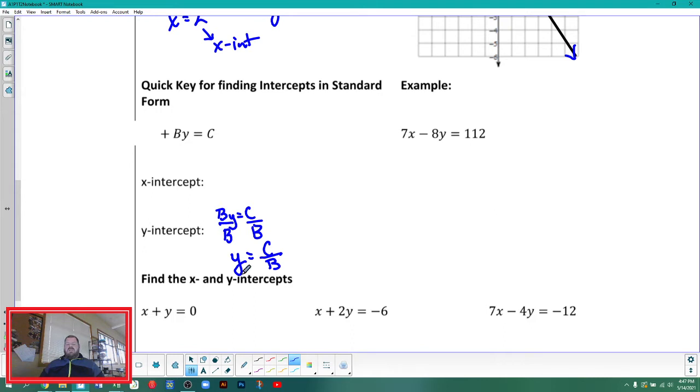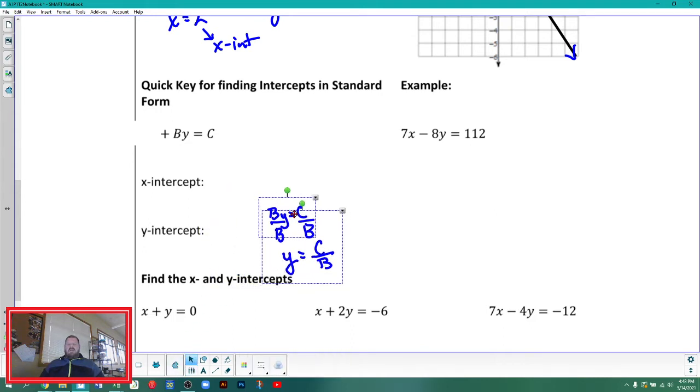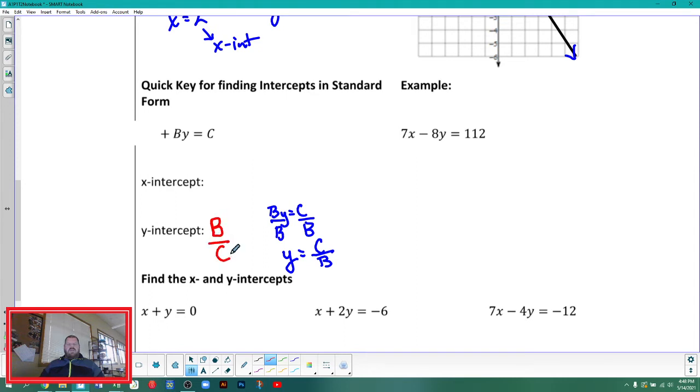So the y-intercept is always c divided by b. And that's kind of the quick key that I have, that the y-intercept is always c over b. And you can use that. If you're the kind of person that likes to memorize things, feel free to use that trick.